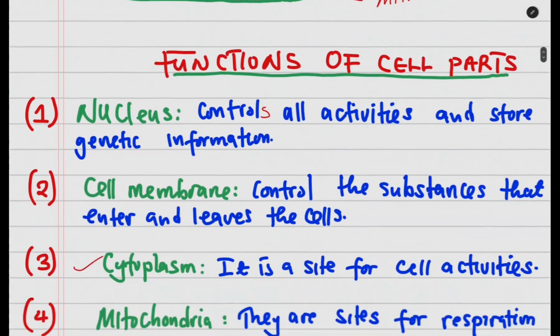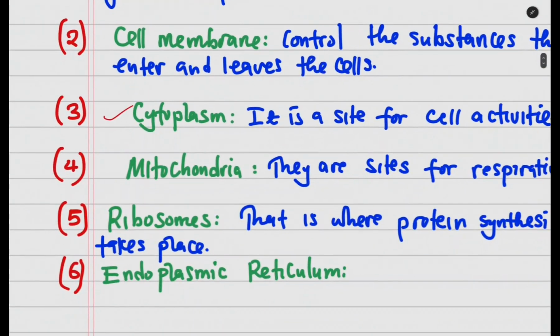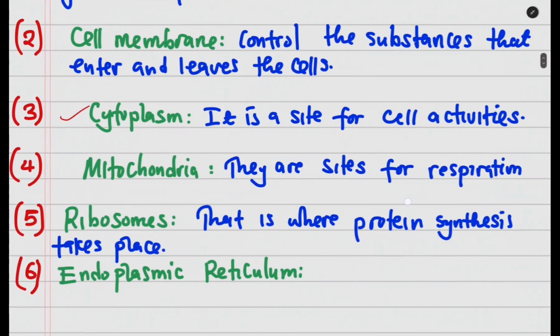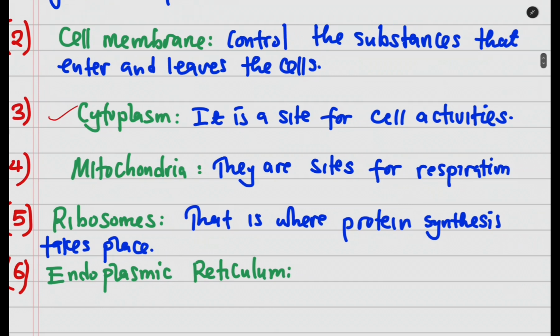All right, then the other thing that you can talk of is the mitochondria. We said the mitochondria is the rod-shaped or sausage-shaped structure in a cell. The function of the mitochondria is that it is the site for respiration.